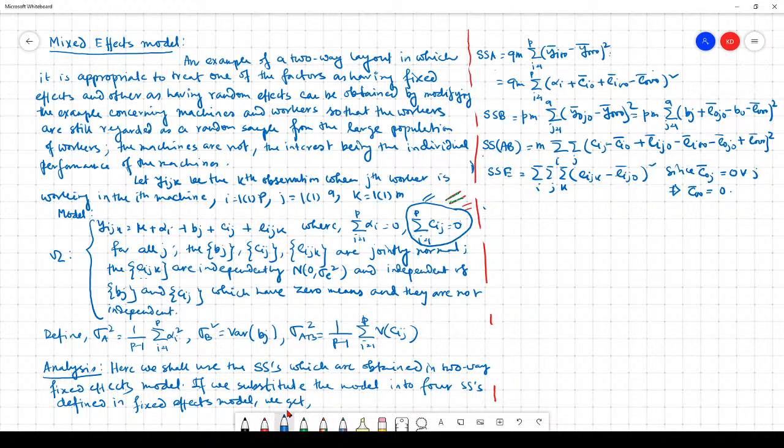These four sums of squares are pairwise independent except for the pair SSB and SSAB.